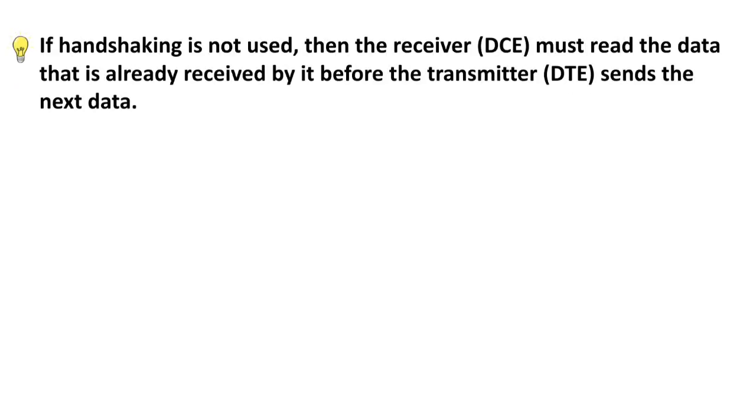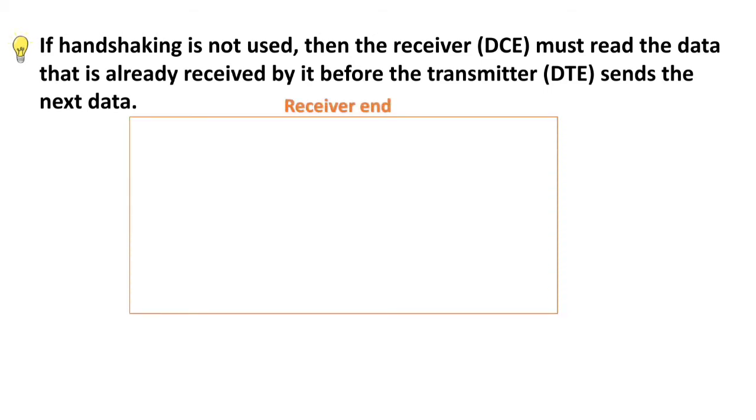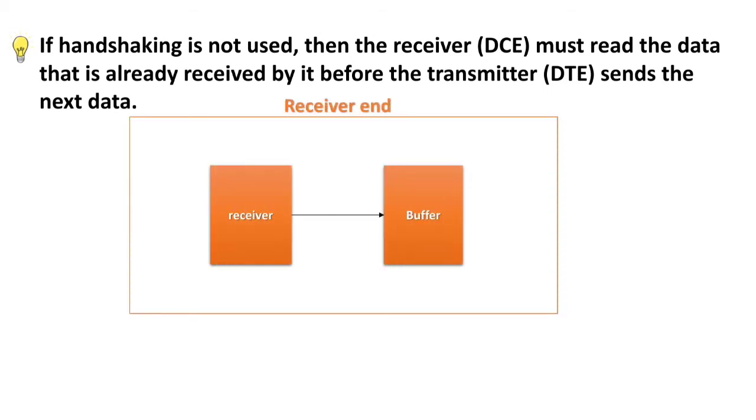If handshaking is not used, then the receiver, that is DCE, must read the data that is already received by it before the transmitter DTE sends the next data. For this purpose, the receiver uses a special memory location called a buffer, and since it is used at the receiver end, it is known as the receiver buffer.